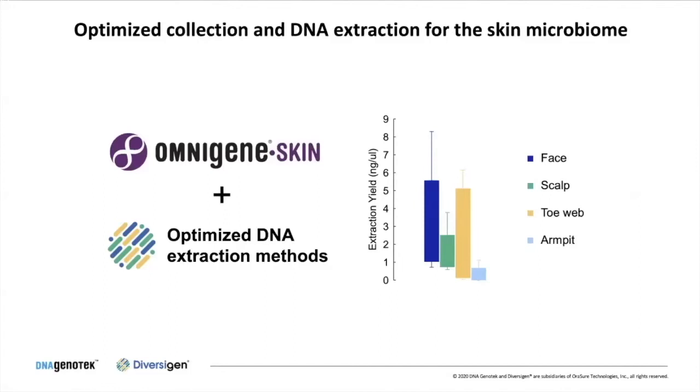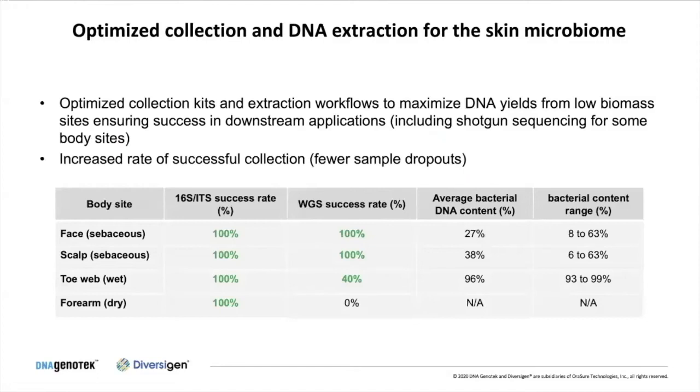We've implemented those methods at Diversigen, and this is some of the data on a variety of different samples collected from different body sites, showing that we can get robust DNA yields from these samples. This is a summary of data from a variety of sites where, as Brice mentioned, the sebaceous or wet tissues that have higher biomass, higher microbial load, tend to correlate with better extraction success.